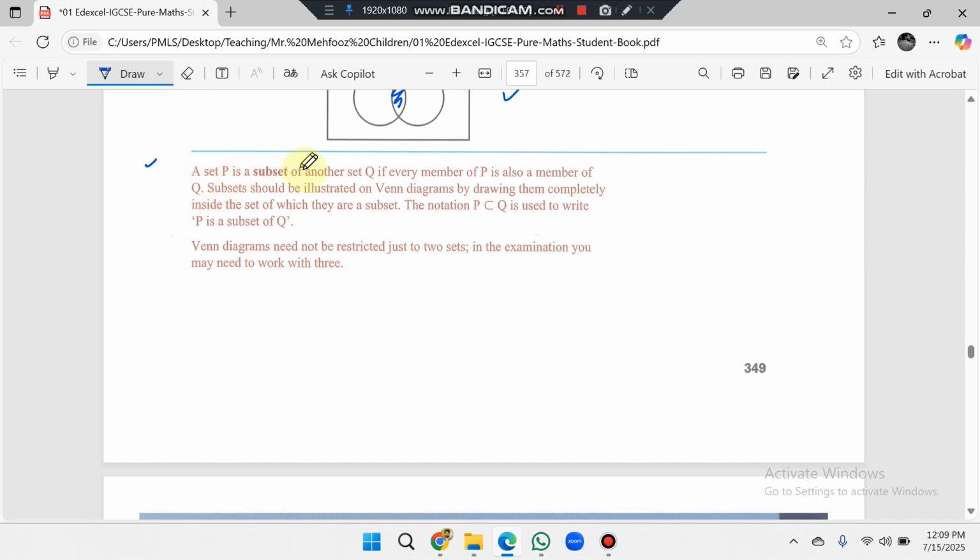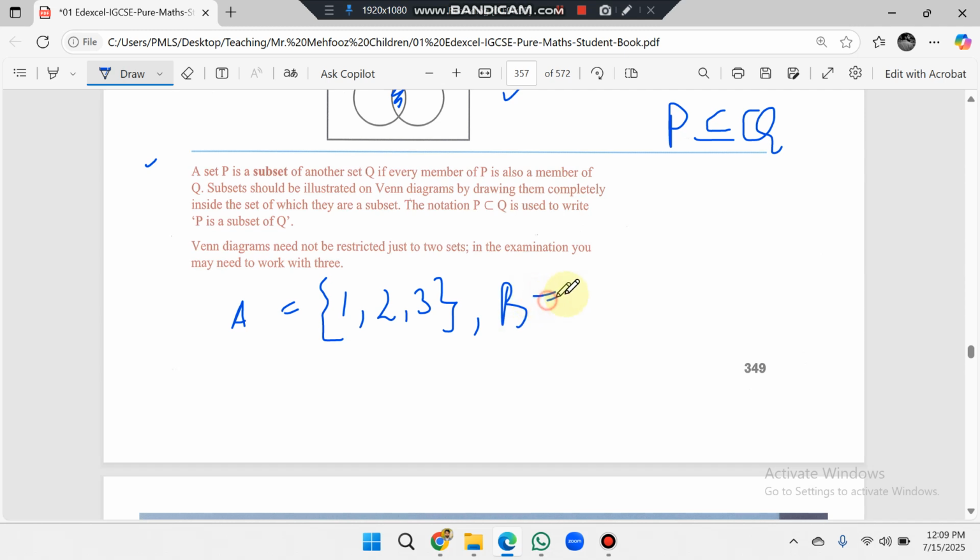A set P is a subset of another set Q. This is the notation. If every member of P is also a member of Q, let's suppose we have 1, 2, 3. This is set A, and we have a set B that is 1, 2, 3, 4.